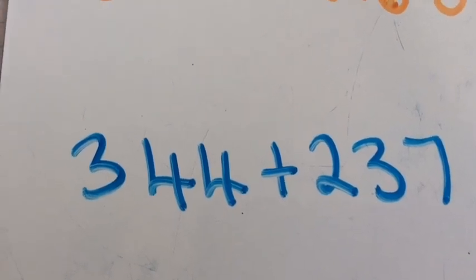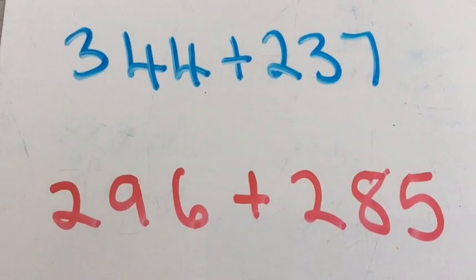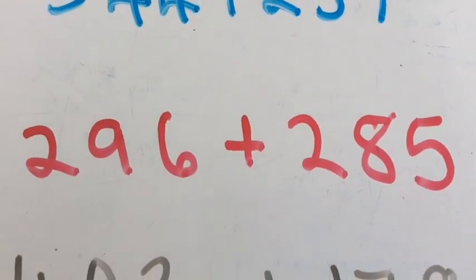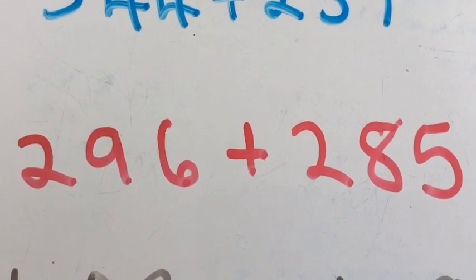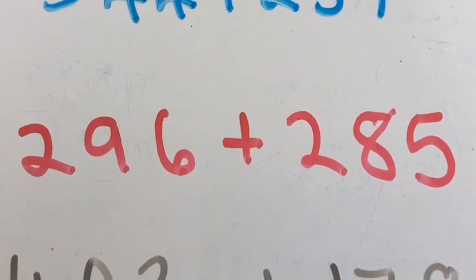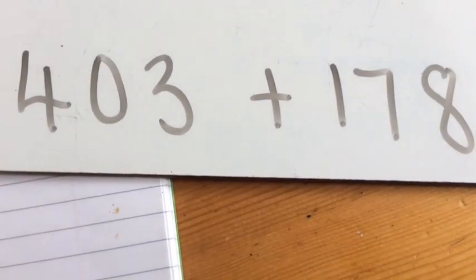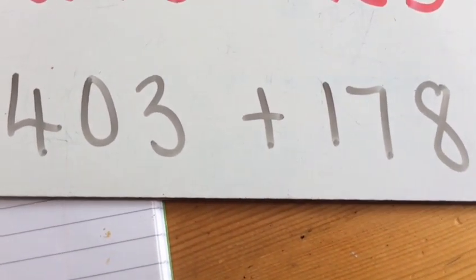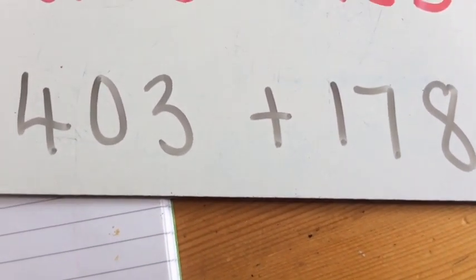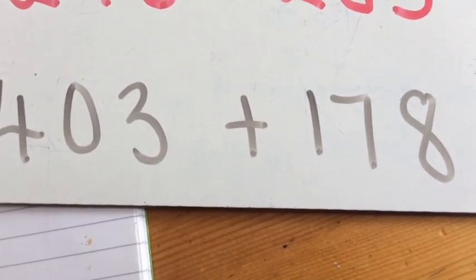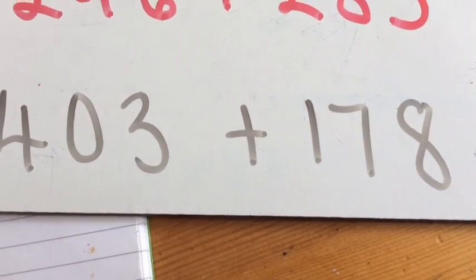Work out the answer and pause the video. Try this one now. You might see something special happening. You might notice something. Finally, write this one down. But remember, you're doing it as column addition. Work out the answer.